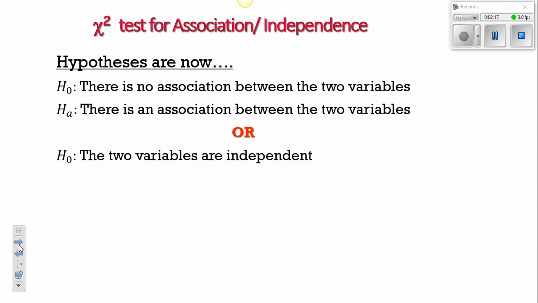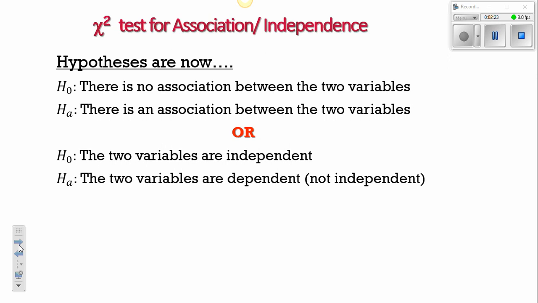If they are related, that means one depends on the other. So the other set of hypotheses that you could have here are that the two variables are independent versus the two variables are dependent, aka not independent.